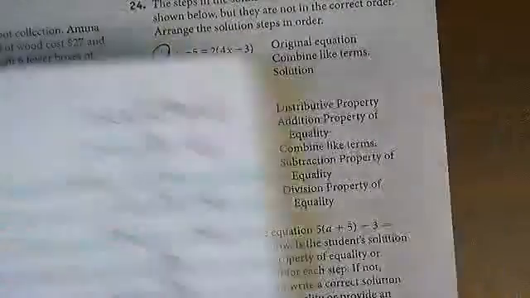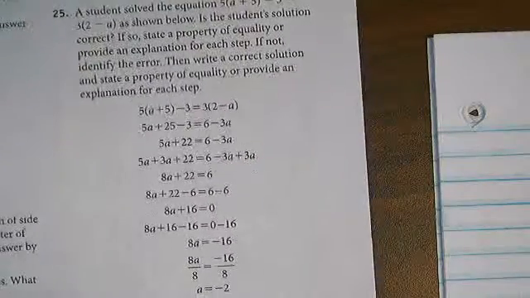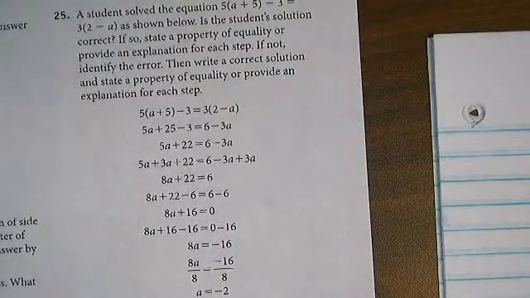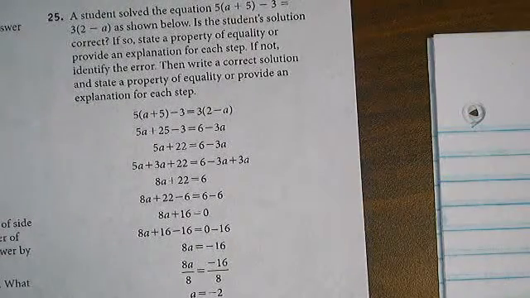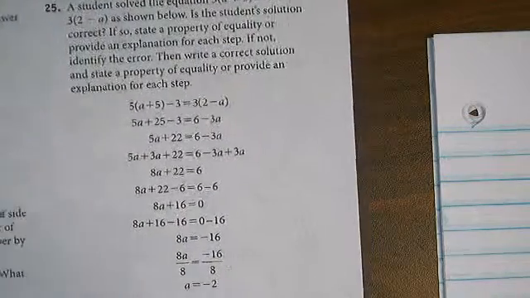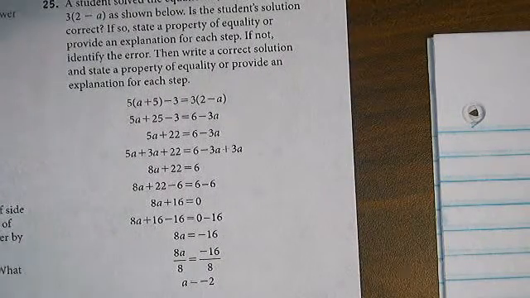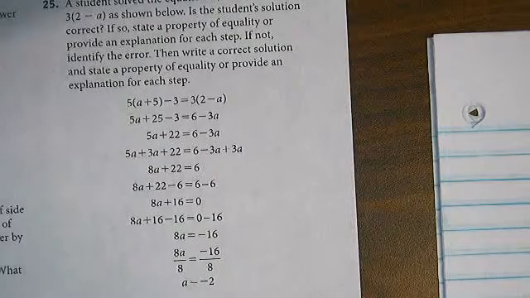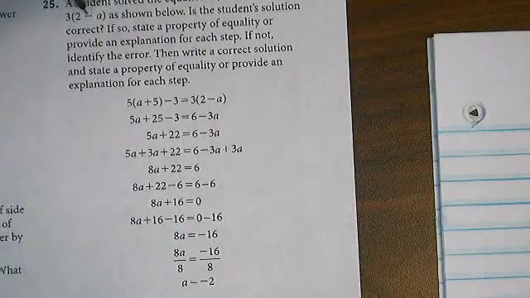Now, the next problem, 25, is similar in a way. 25 says a student solved the equation 5 times the quantity a plus 5 minus 3 is equal to 3 times the quantity 2 minus a.